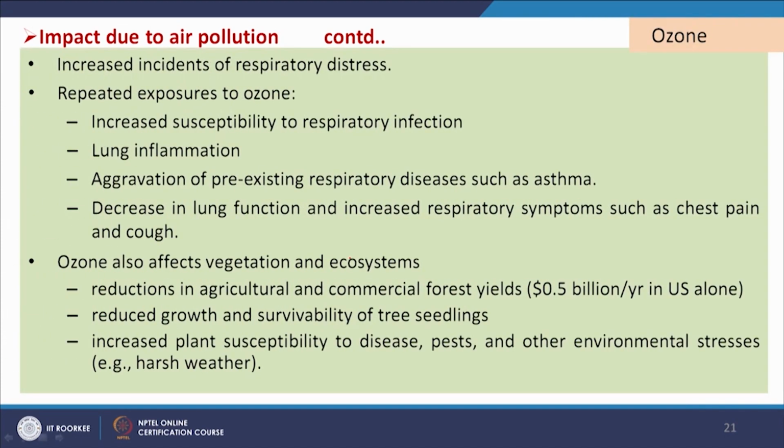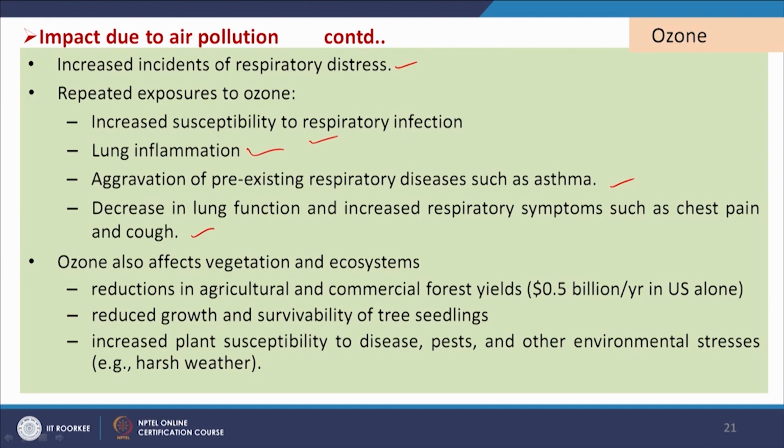Ozone can have some impacts as well. Increased incidence of respiratory distress due to higher concentrations of ozone, and repeated exposure to ozone increases susceptibility to respiratory infection and lung inflammation, and aggravates pre-existing respiratory diseases such as asthma, with decreased lung function and increased respiratory symptoms such as chest pain and cough.